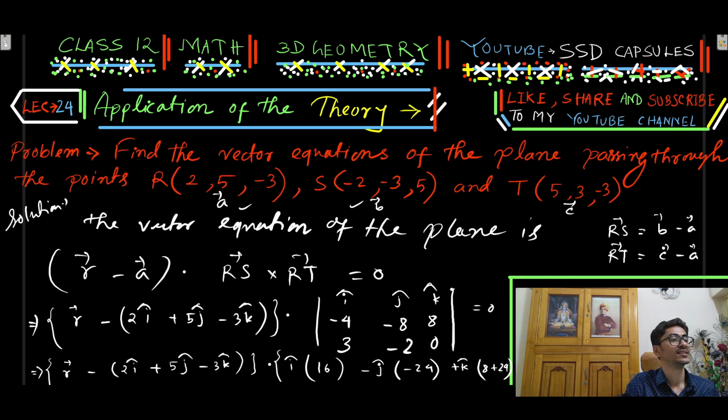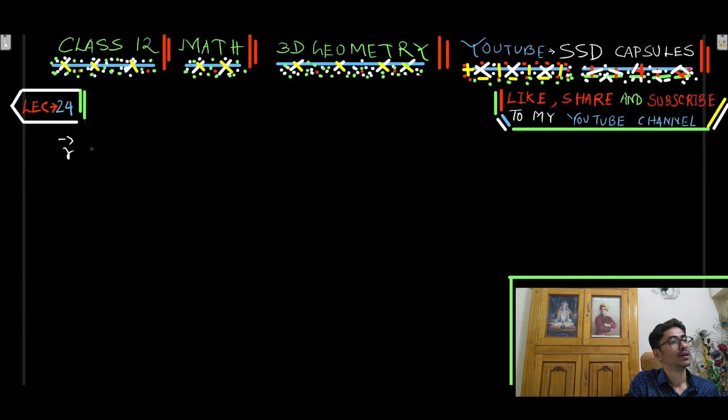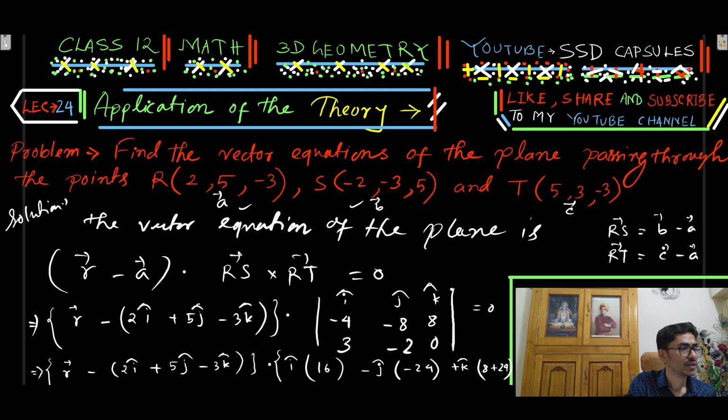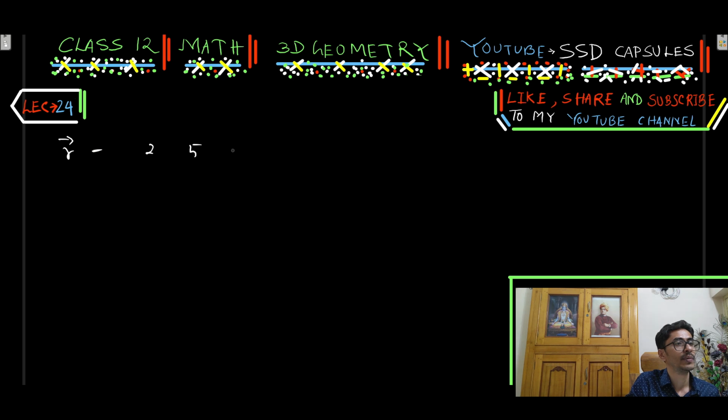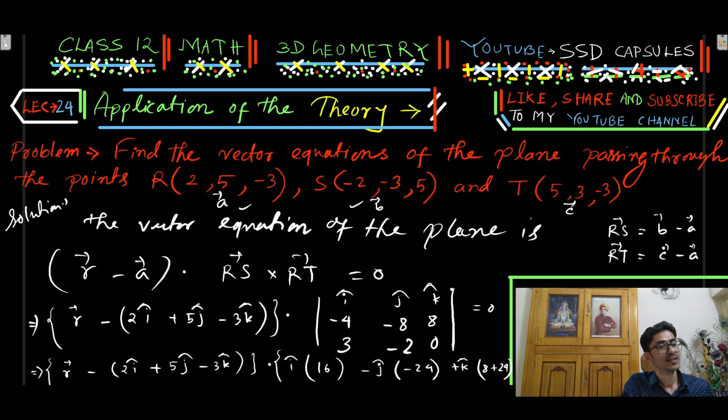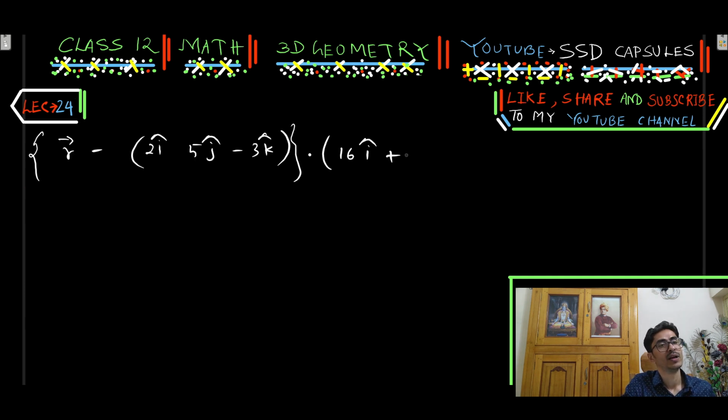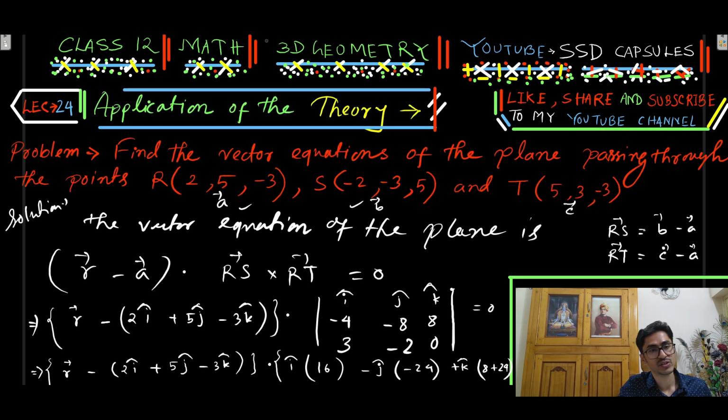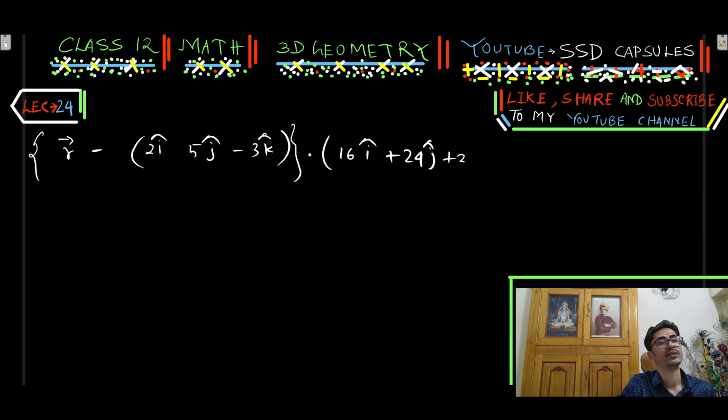Next page: r vector minus (2 i cap plus 5 j cap minus 3 k cap), dot (16 i cap plus 24 j cap plus 32 k cap), equal to 0.